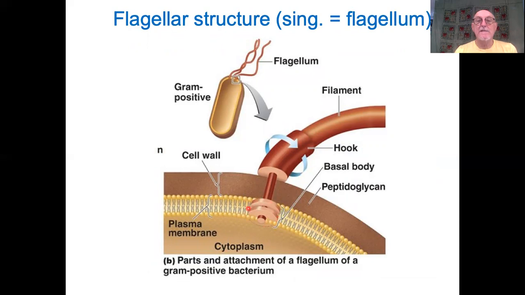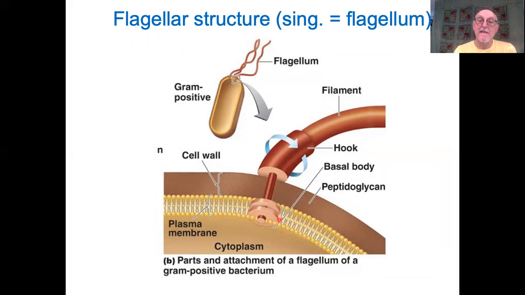Here you can see this is for a gram-positive. Many gram-negative bacteria also have flagella. The way it's embedded is a little bit more complex because they have the two membranes, the cell membrane and the outer membrane. This is a bit easier to understand. It's gram-positive, so there's just the cell membrane.